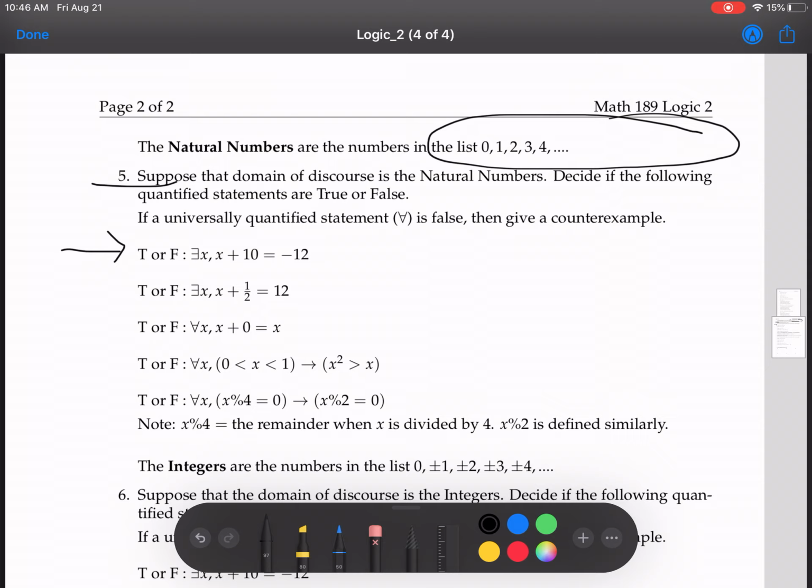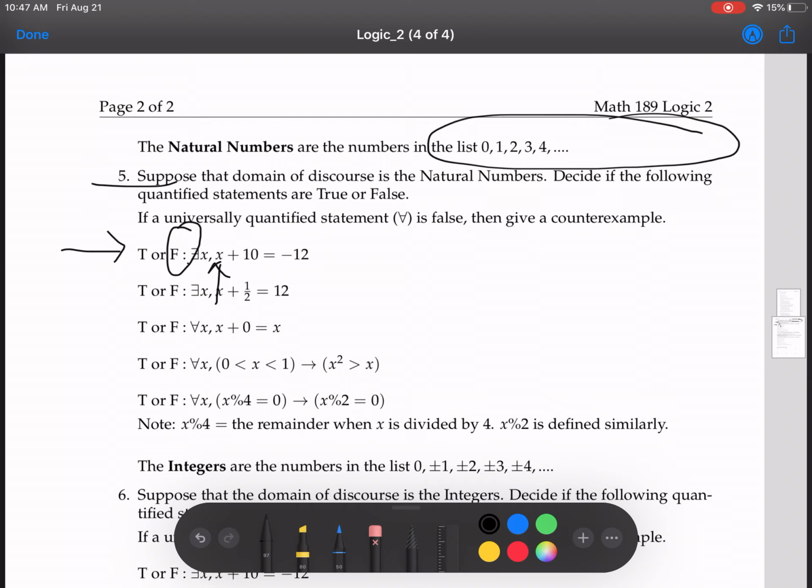That true statement being that you put one of these positive numbers or 0 in here for this x right here, and you get that x plus 10 is equal to negative 12. And you can see that that's just not the case, right? There's no way you can put another positive in there and get a negative out. All right, so the answer is false.